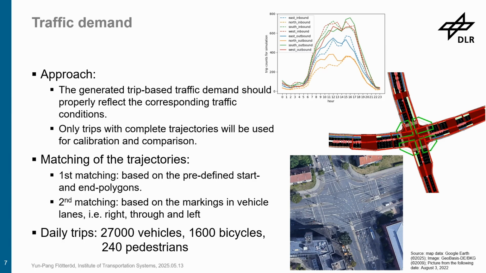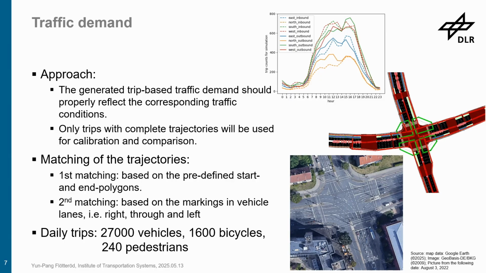As you can see here, the red ones are for vehicles, and the green ones are for bicycles and pedestrians. For those trajectories that cannot be matched in the first step, a second matching process is applied according to the turning markings in each vehicle lane. So we do that step by step.